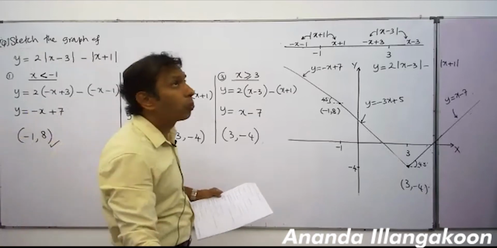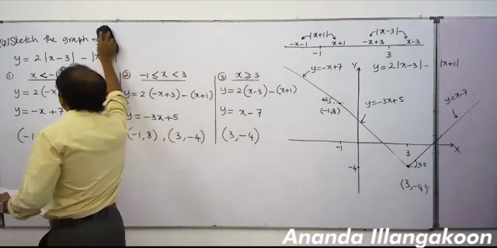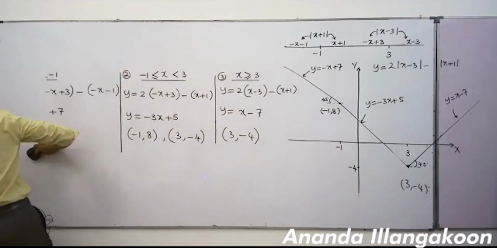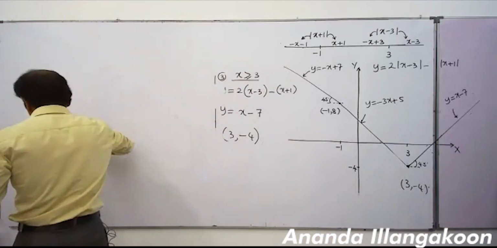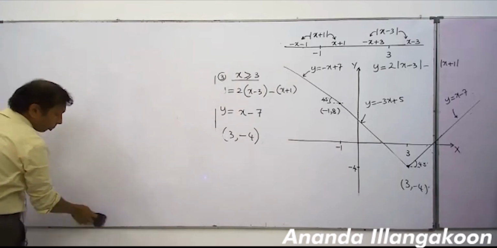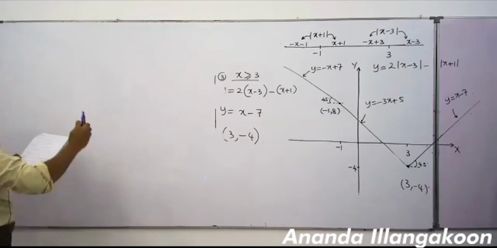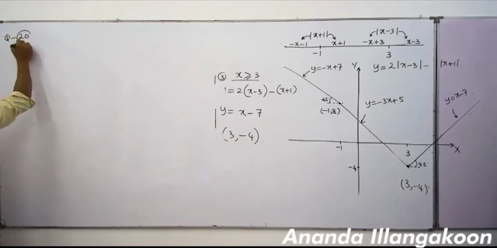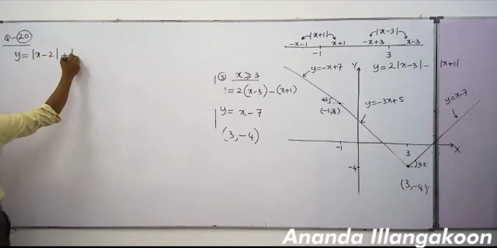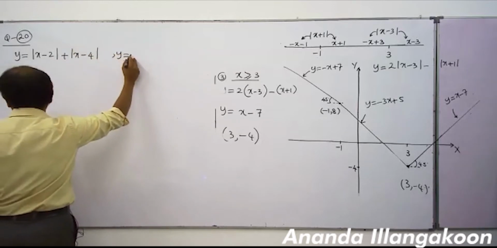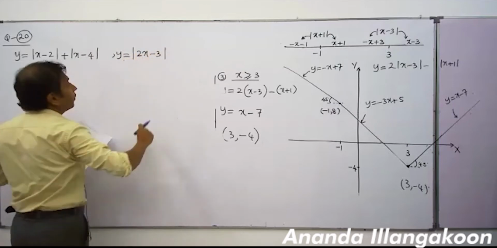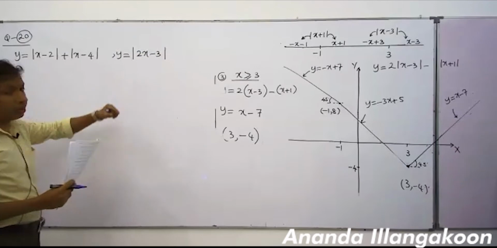It asks to draw the graphs of y equals mod x minus 2 plus mod x minus 4, and y equals mod 2x minus 3, right? First draw this graph and this graph. I'll give 5 minutes. Hurry up.